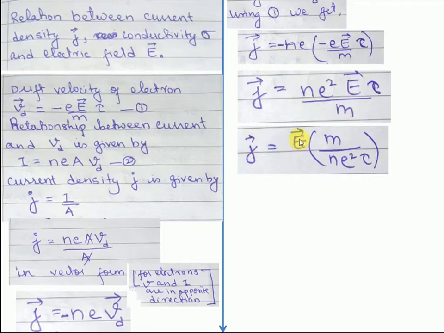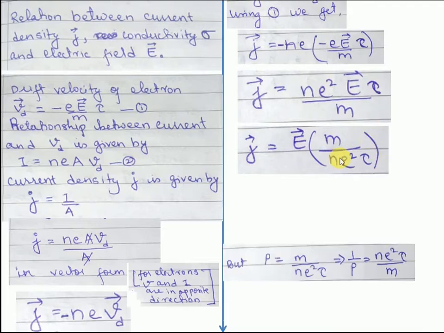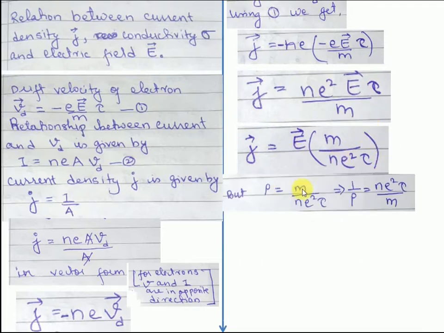Now this E I'll take outside, and I'm keeping the rest in one bracket. Whatever is inside the bracket is the reciprocal of resistivity. We know resistivity is m by ne²τ, so 1 by resistivity will be this. So I can write current density is E times this.